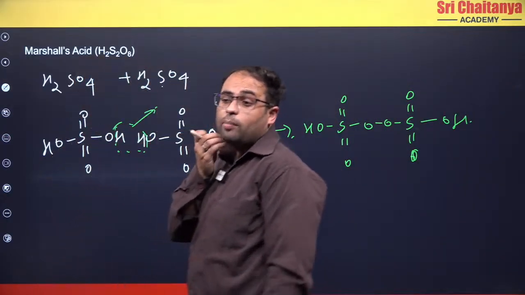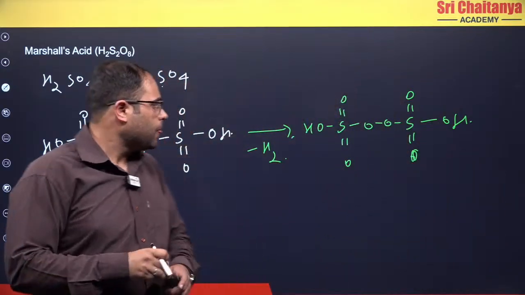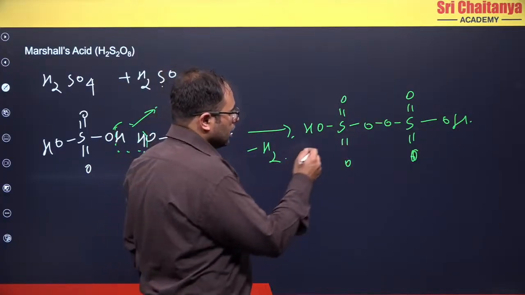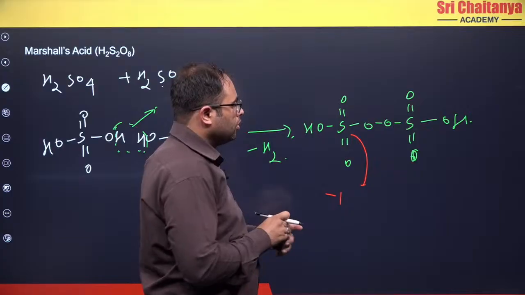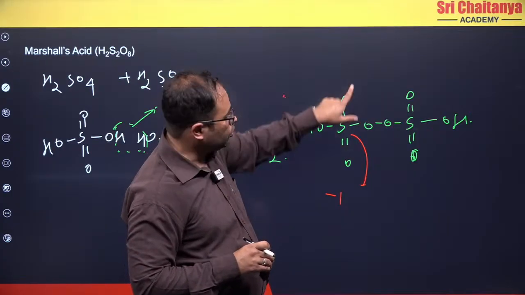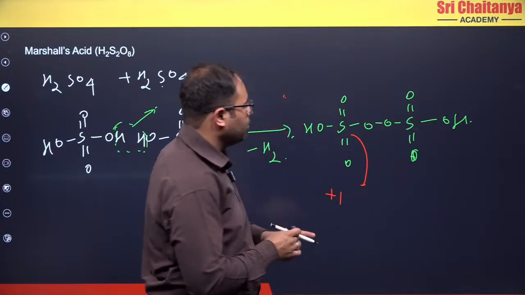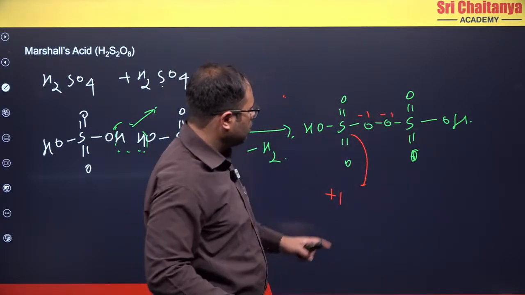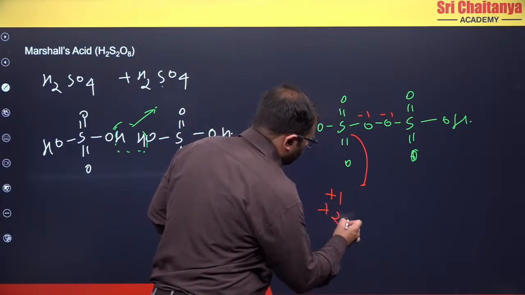Now, bond by bond movement is what we need. Let's do that. For sulfur, for this oxygen, sulfur will get -1. For this oxygen, because two bonds are there, sulfur will get +1 because oxygen is more electronegative. For this single oxygen, you will get +2.